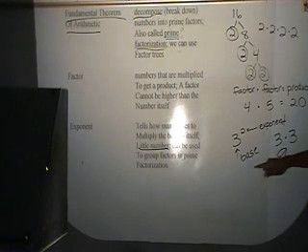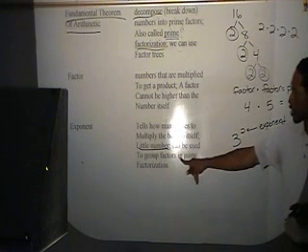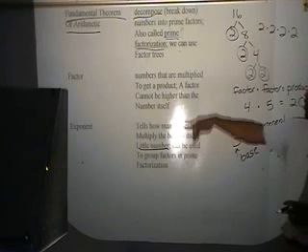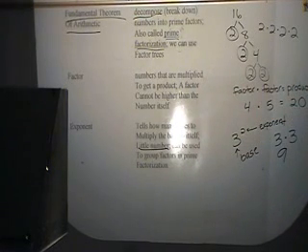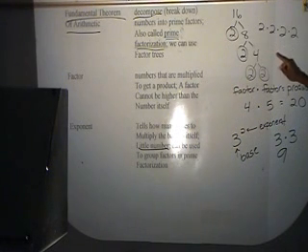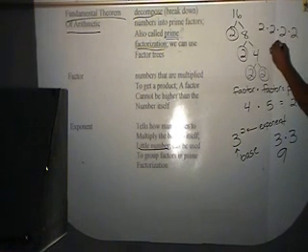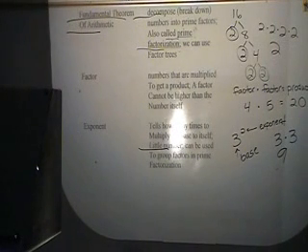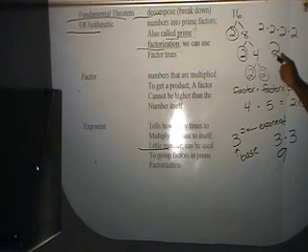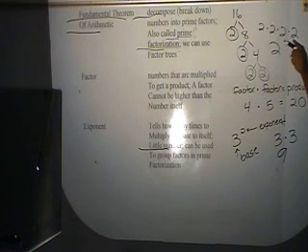Now, the last thing, it says you can also use exponents to group factors when we're doing prime factorization. Okay? You see up here when we did prime factorization, if we have a number that shows up more than once, we can actually make that number the base and use an exponent to show us how many times that number showed up.